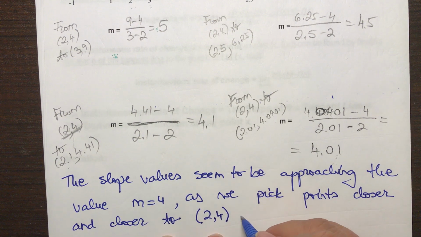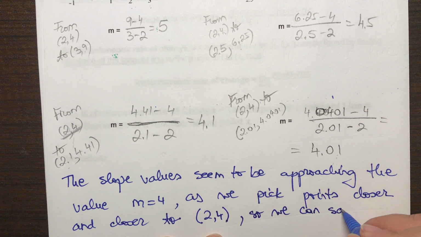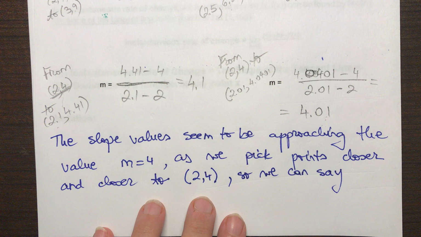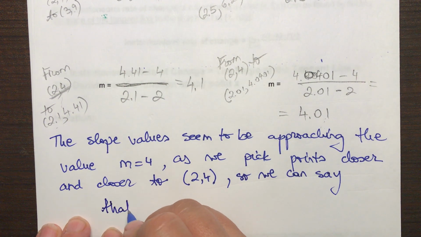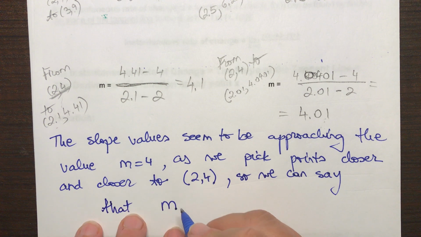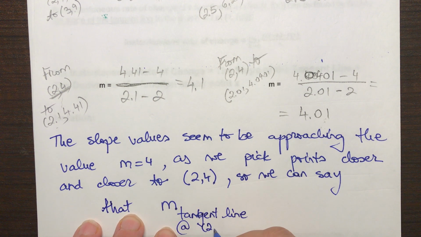Okay, so we can say pretty safely that the slope of the tangent line to the graph at the point of coordinates (2, 4) is equal to 4.